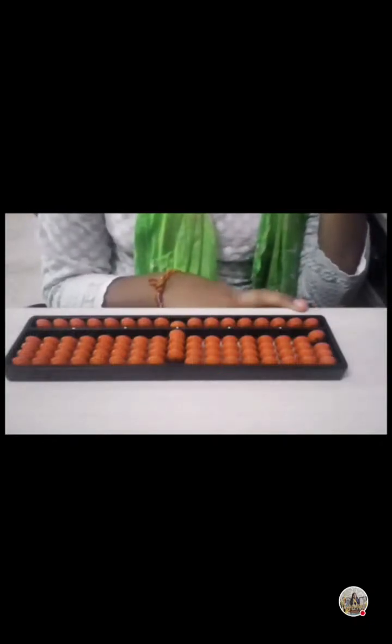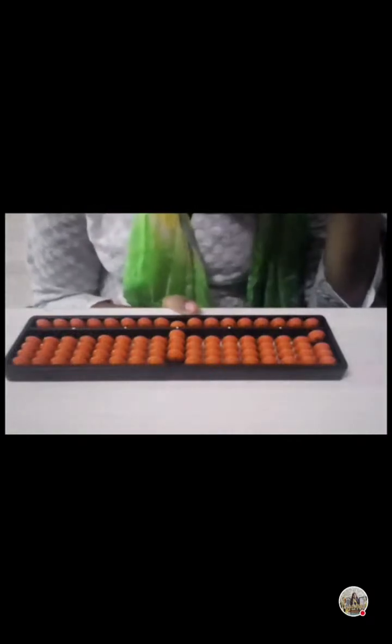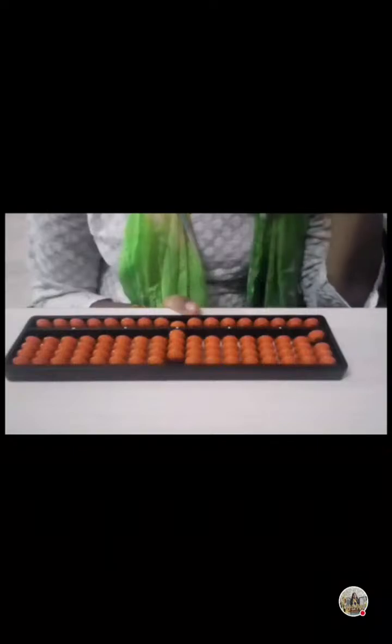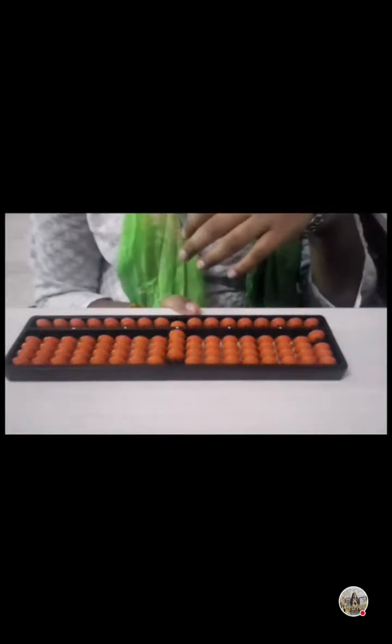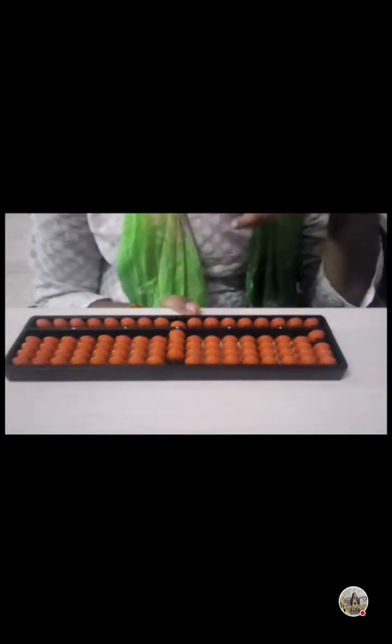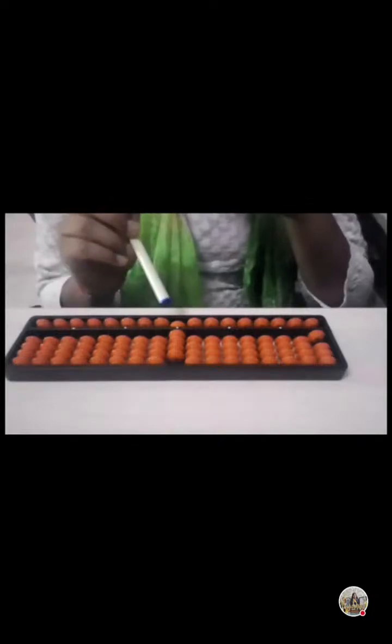So now what will I do? See, 9 is marked here, right? So now what do I need to add more to make it a full 10? I need 1, right, to make it a 10.